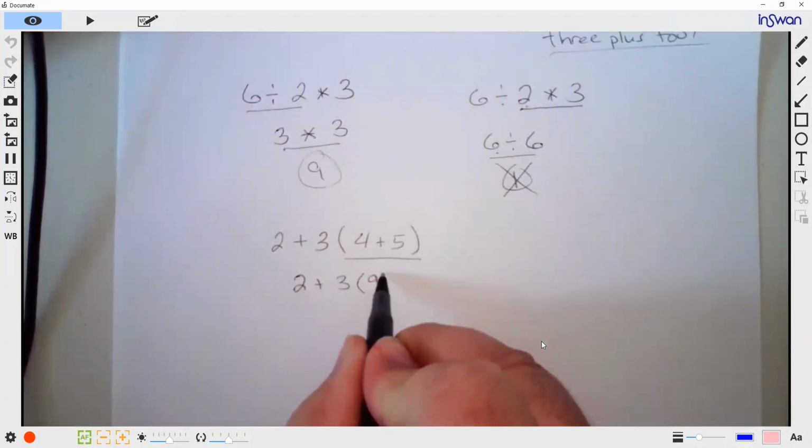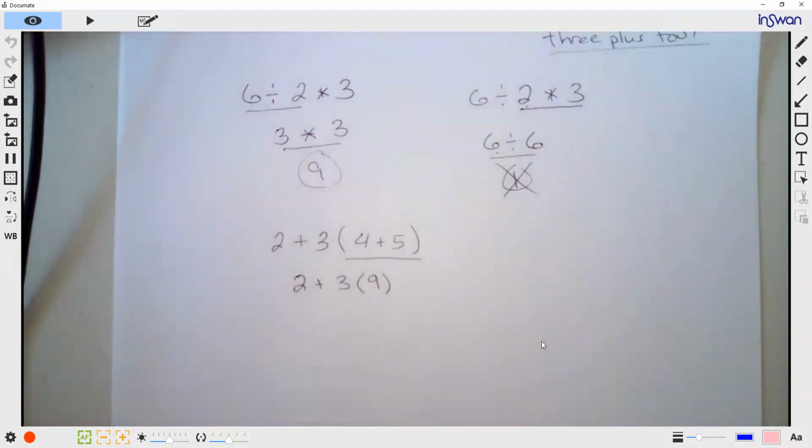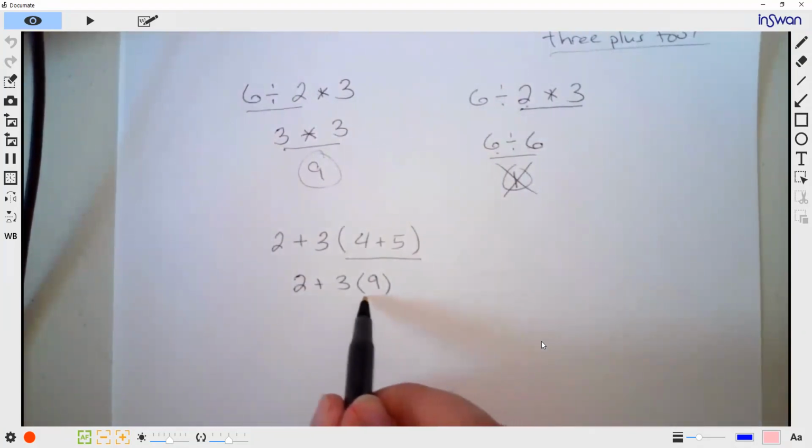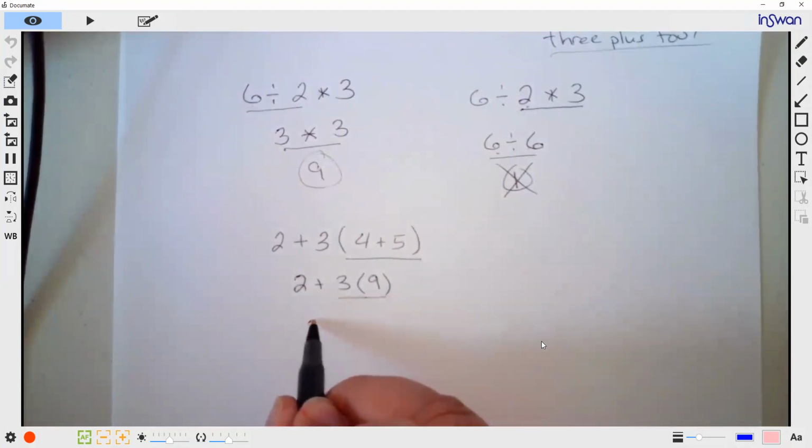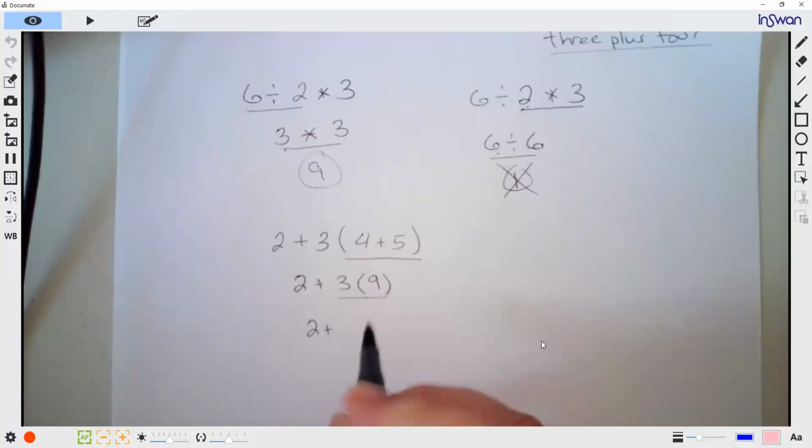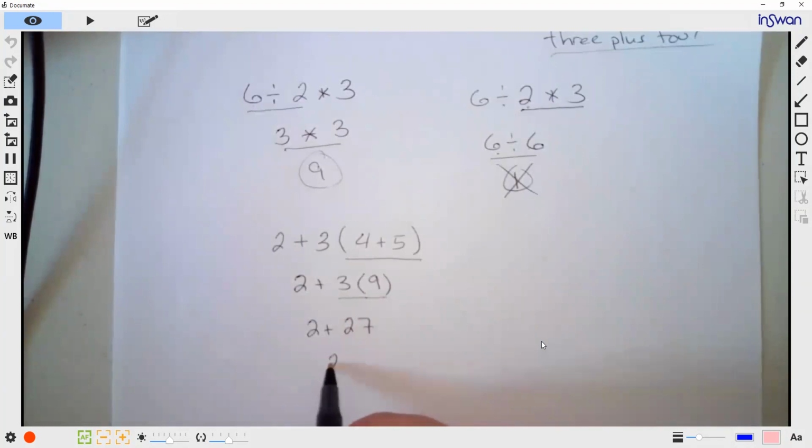Plus 3, 9. Would the next thing be to do 3 and 9? Because you can't do anything inside there, so the next thing is multiplication. 3 times 9. And then you would just add those together.